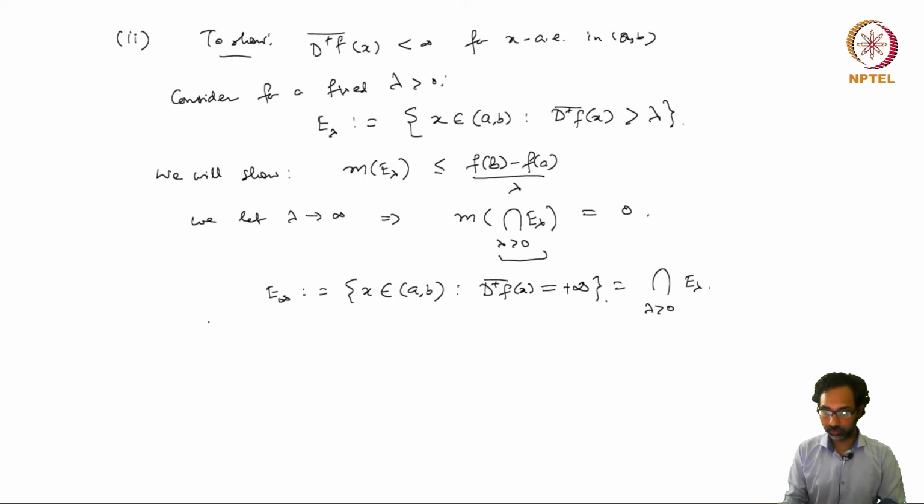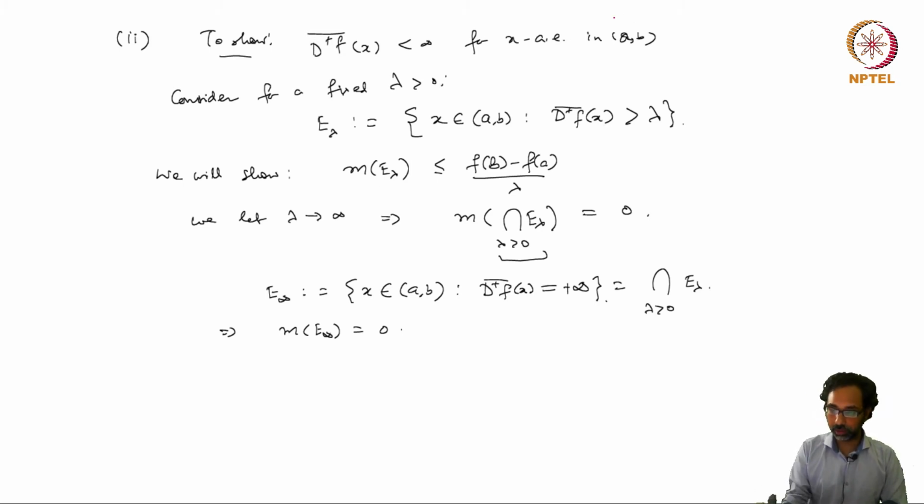So this will show that the measure of E infinity is equal to 0. So we would have proven that the upper Dini derivative is finite for almost every x in (a,b).